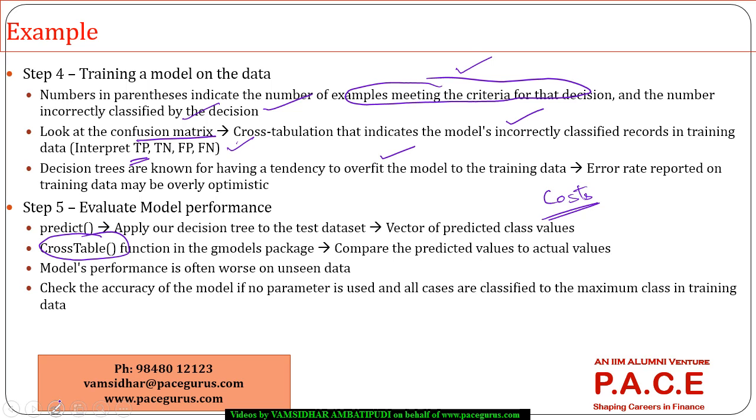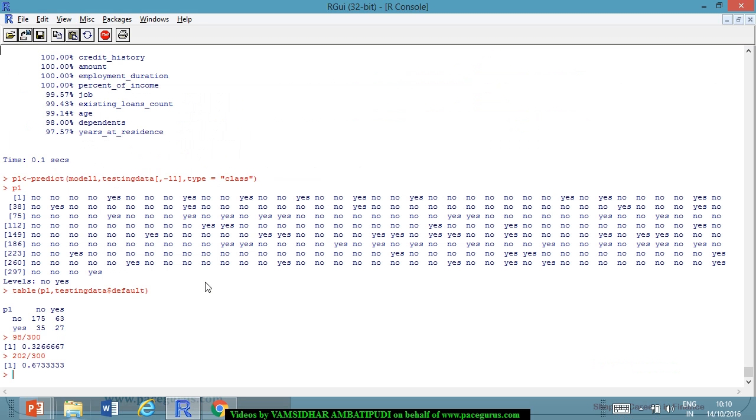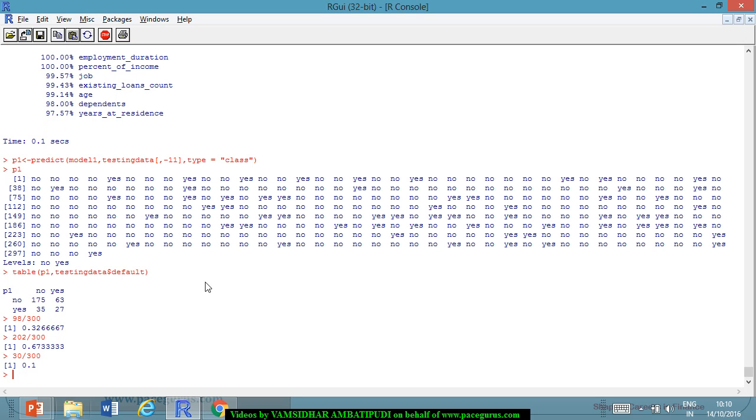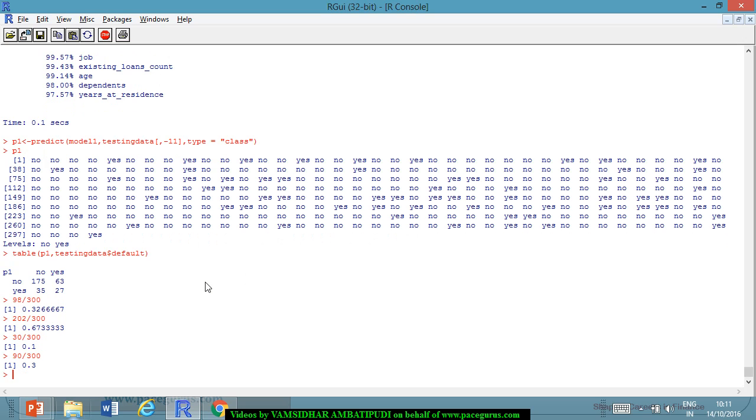But on the other side, if I did not use any of the parameters to build the model, I would have got an error rate of 90 out of 300. There were 90 errors, so 30% was my error rate, 70% was my accuracy.